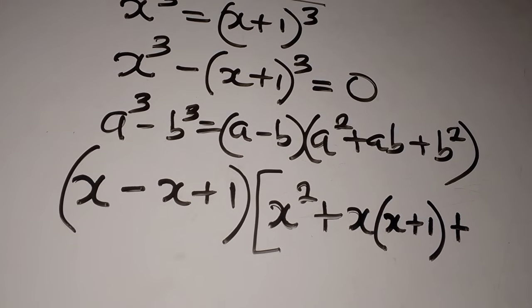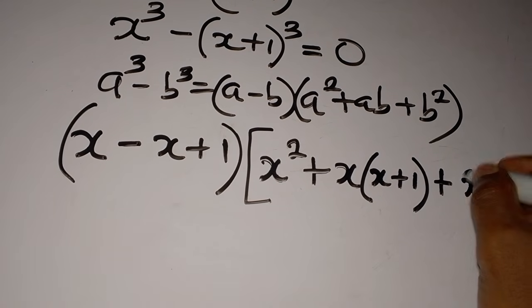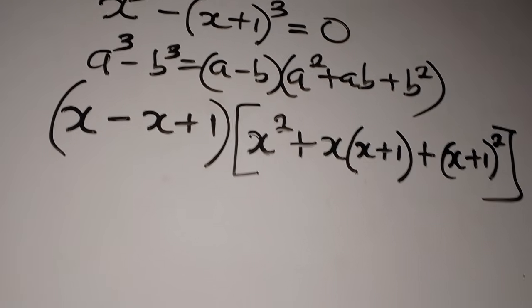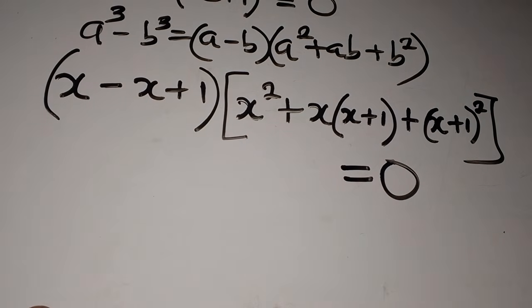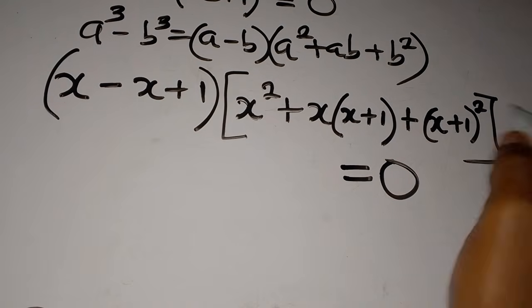So in place of b squared, we write (x plus 1) all squared. So we close this, and whatever we have there will be equal to 0, because there's 0 on the other side. Now permit me to expand this.